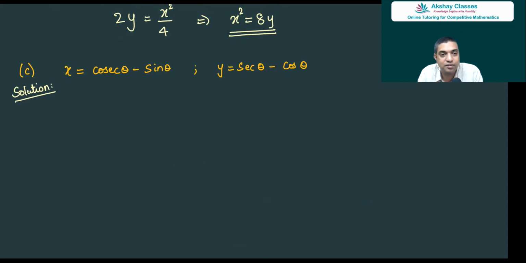Which reciprocal? Cosecant theta is 1 by sin theta. Secant theta is 1 by cos theta. Then what to do?